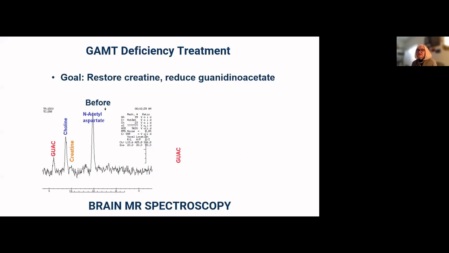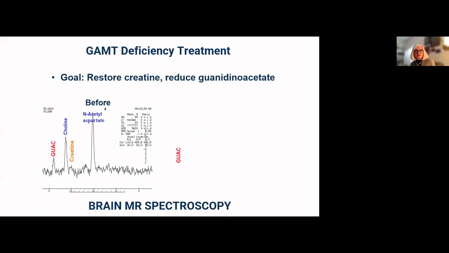Again, how do we measure the effectiveness of the treatment? Well, we are looking at the outcome, of course, the patient outcome. We look at the guanidinoacetate in the patient, which goes down with the treatment. And also we look at MR spectroscopy.